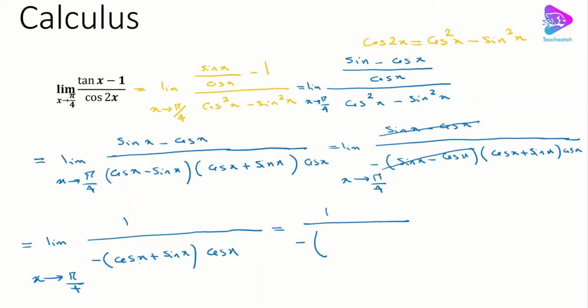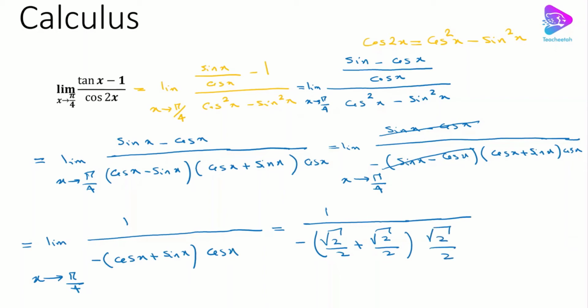The cos of pi over 4 is square root of 2 over 2 plus sine of pi over 4 is square root of 2 over 2, and then it's going to be multiplied by square root of 2 over 2.